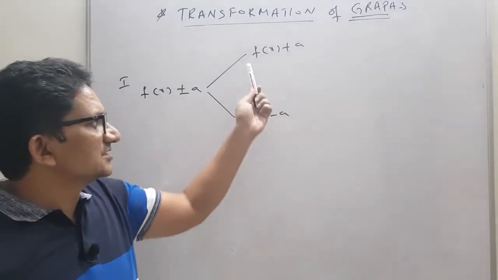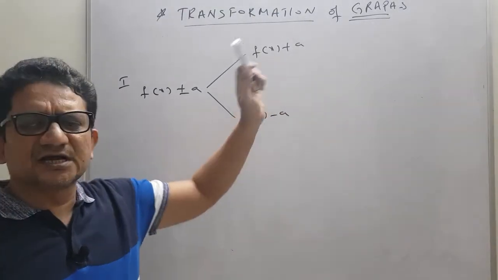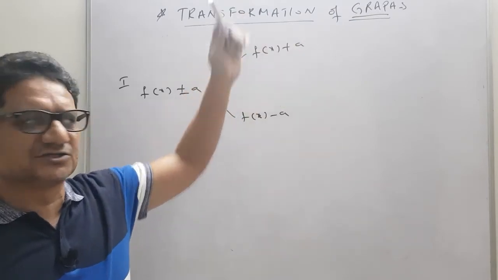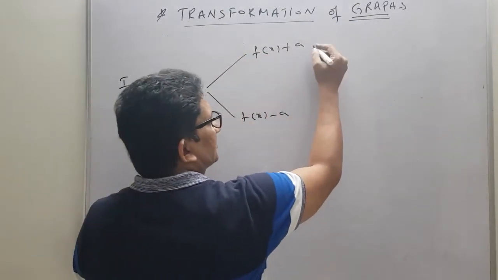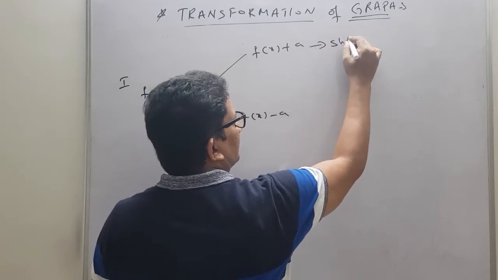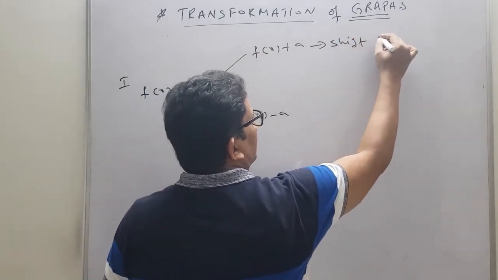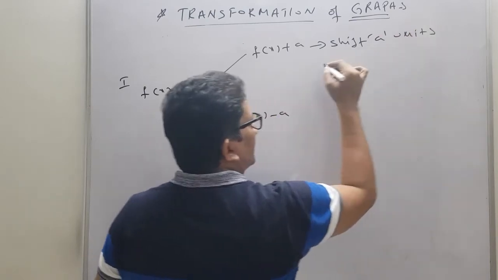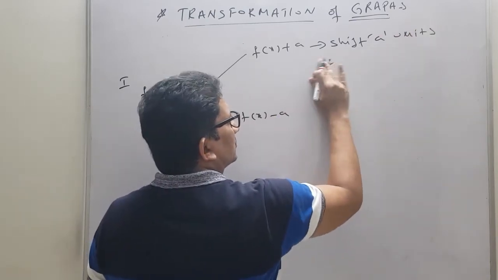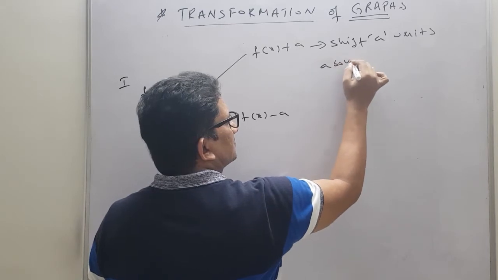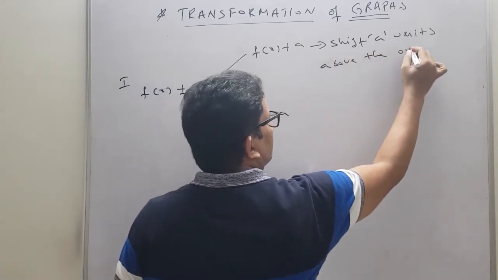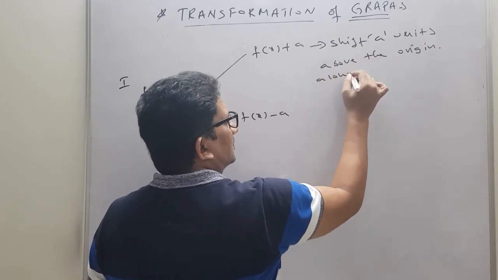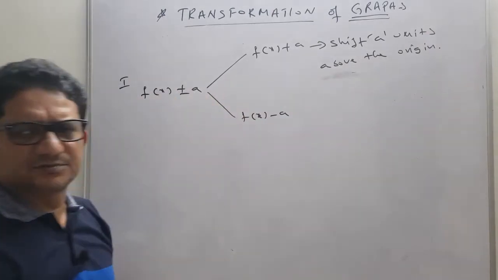Now f of x plus a means the original graph is shifted a units above the origin, along the y-axis.